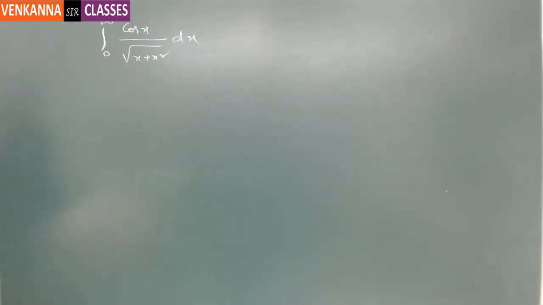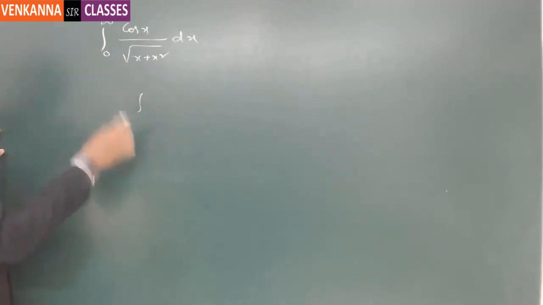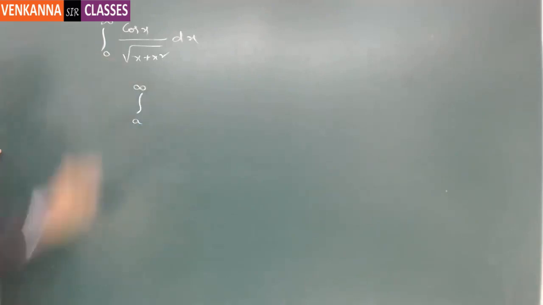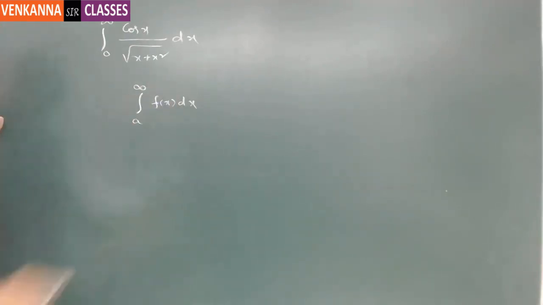When to apply the limit as 0 and when to apply infinity, it is a little confusing. Let me give the clarity. Suppose you have taken the integral from a to infinity of f of x dx. Suppose you want to check the convergence of this function by means of the limit comparison test.